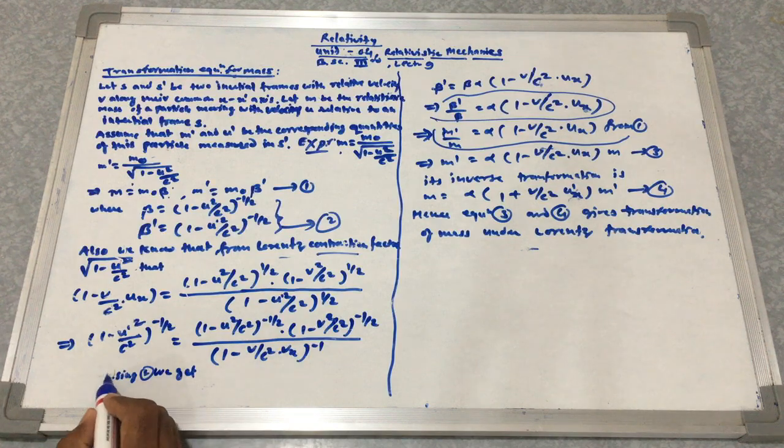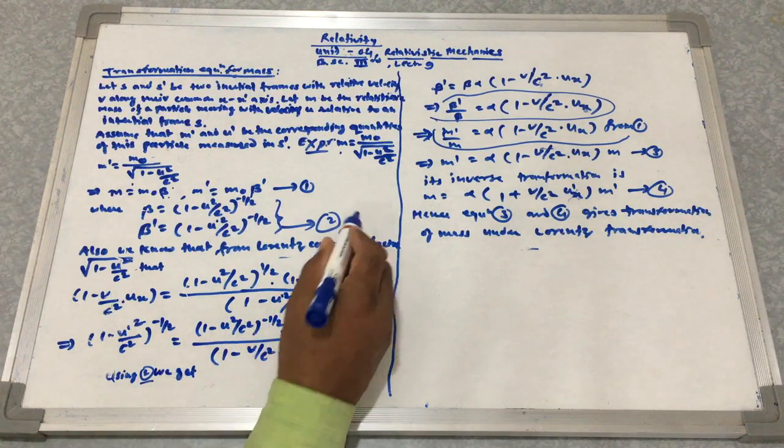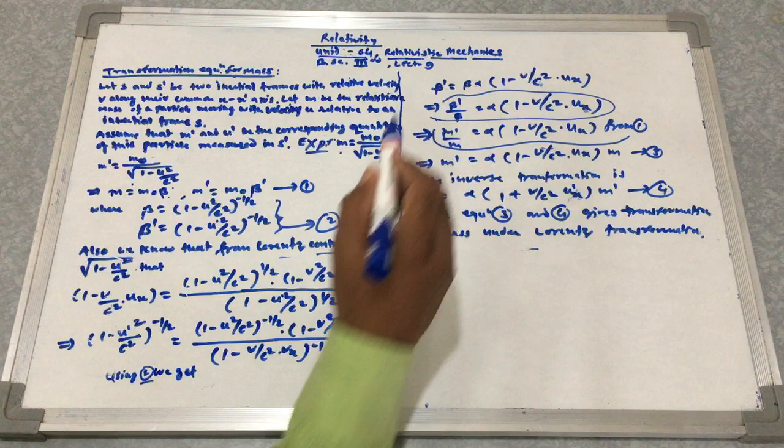So using this equation we get beta dash.